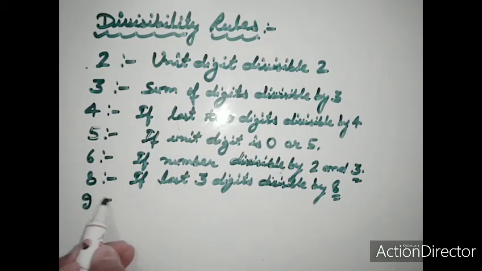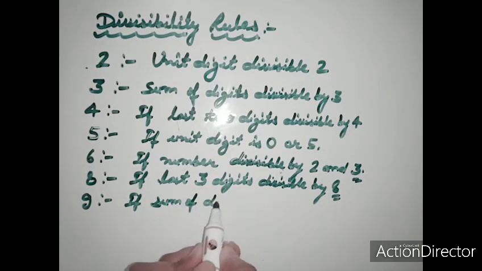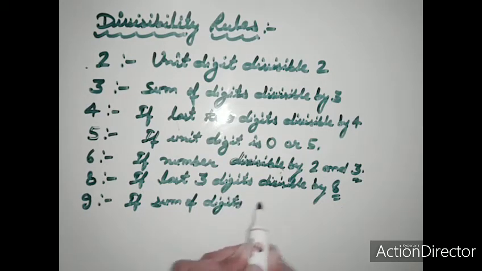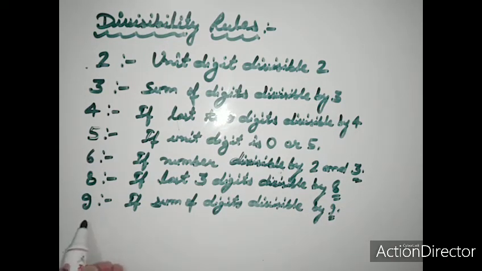Now divisibility rule of 9. If the sum of digits is divisible by 9, then we say that the whole number is divisible by 9.